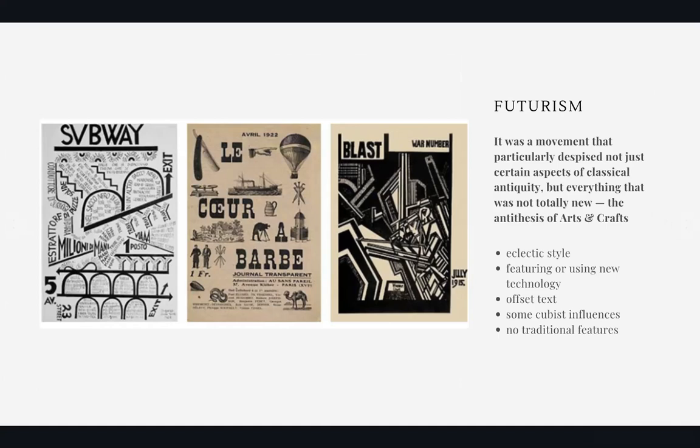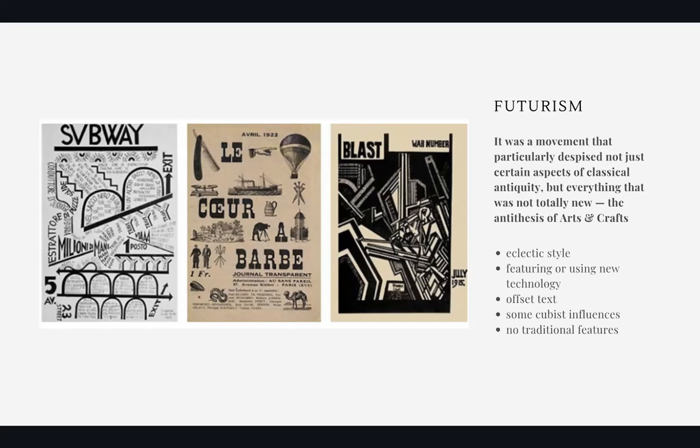So you can see there's a lot of technological vibe to this. You can see forms that are inspired by technical objects, right? Offset texts, cubist influences, no traditional features.